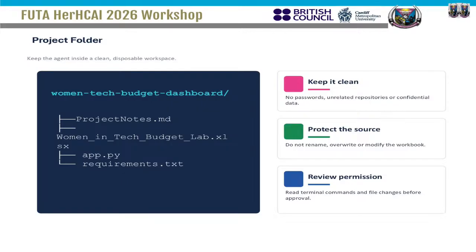It's Anti-Gravity that will generate it for you, from project_notes.md. It will also generate the requirements file, which is just maybe 5 or 6 lines that are required for your software to run effectively.